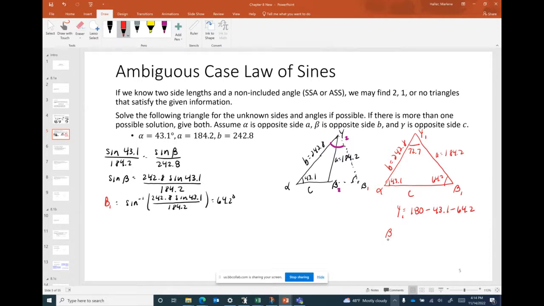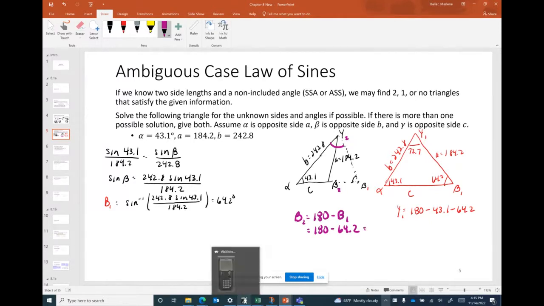Can we say that beta sub 2 is 180 minus beta sub 1? Yeah, sure, why not? What is beta sub 1 again? It was 64.2, right?